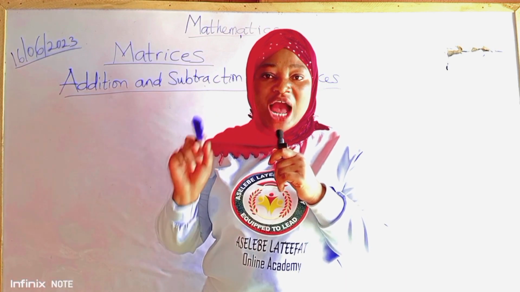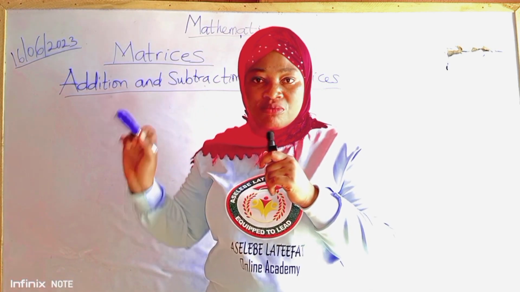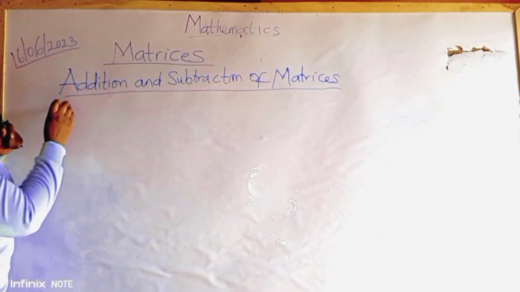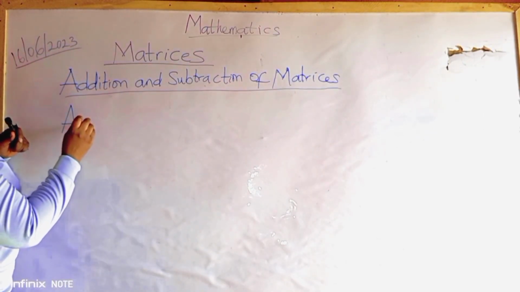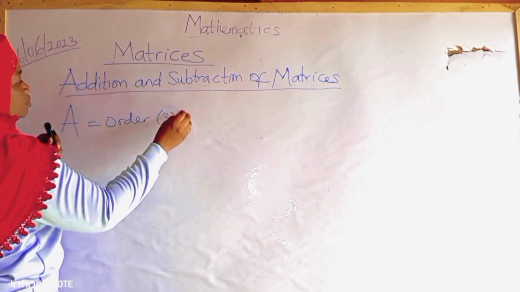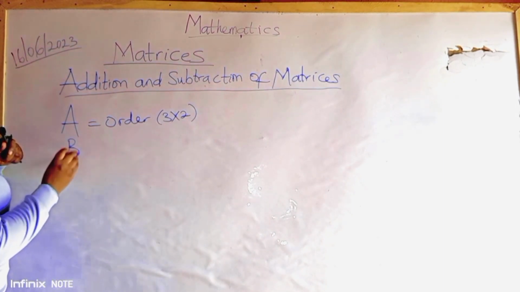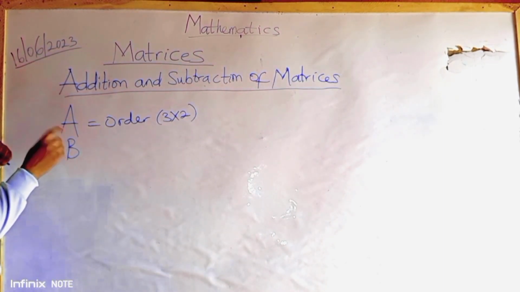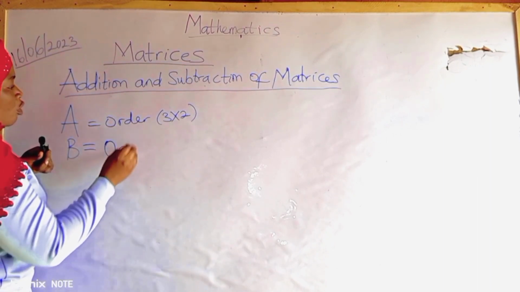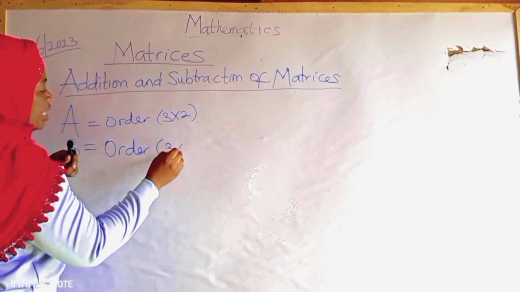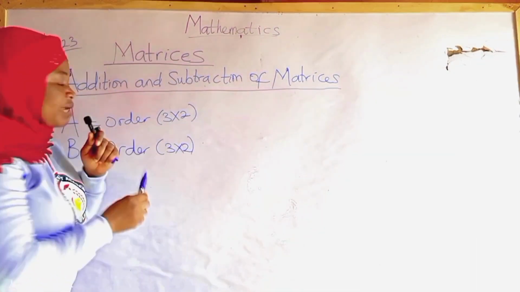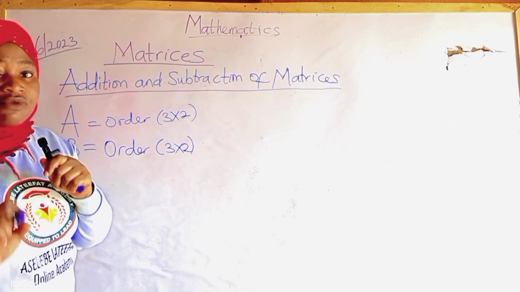What I'm trying to say is that if matrix A is of order 3 by 2, and I want to add matrix B to it or subtract matrix B from it, then matrix B must also be of order 3 by 2. If they are not of the same order, they cannot be added together or subtracted from each other.